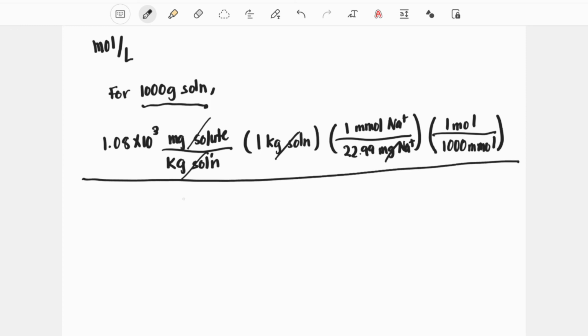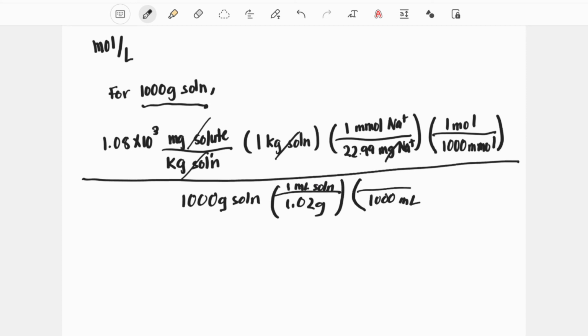Then I divide everything by 1000 grams of solution, but I know that there are 1.02 grams per ml of solution. And since I want this to be in liters, I just divide this by 1000 ml. And here I have a solution that has only one line or one step.